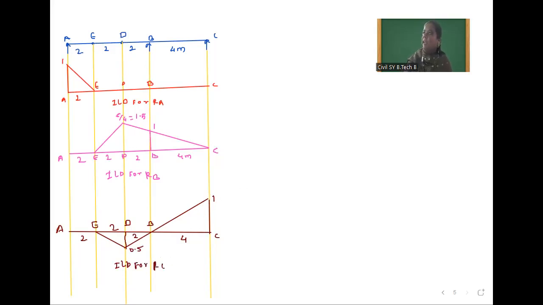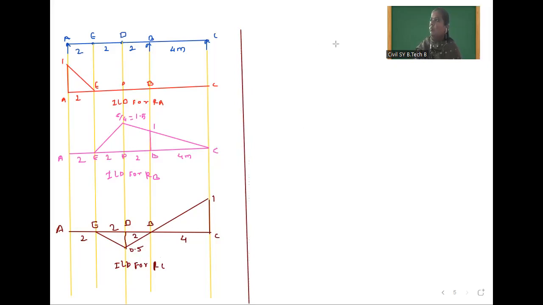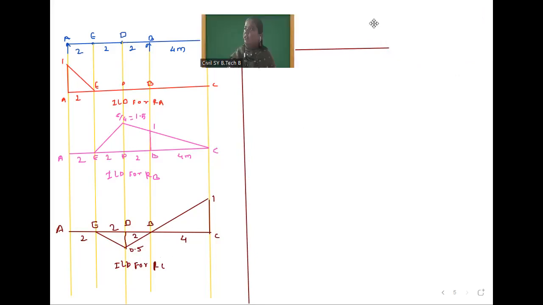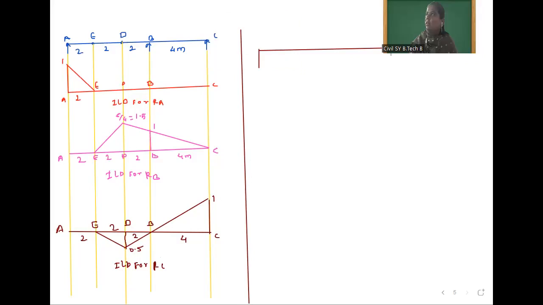Then the last two diagrams are remaining, ILD for shear force and ILD for bending moment. So first we will draw the original beam here, and then we will draw. We have to mark the Z location here.